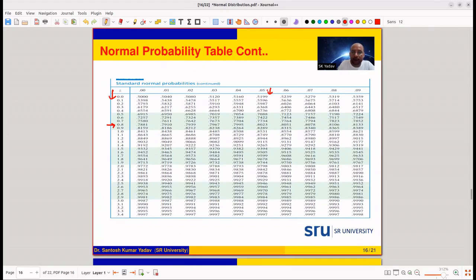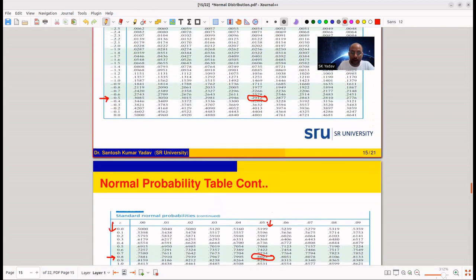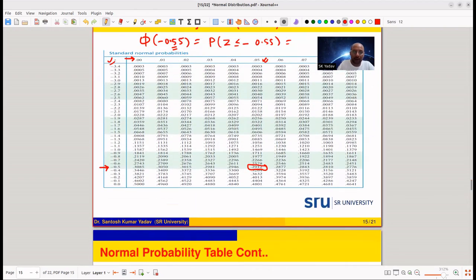And now find the intersection. So I have 0.8023. This is the required value. So you can find any value, and it is given up to 3.4 in positive values, and in negative it is also given up to 3.4. So it is covering around the 3 sigma range and beyond that also.